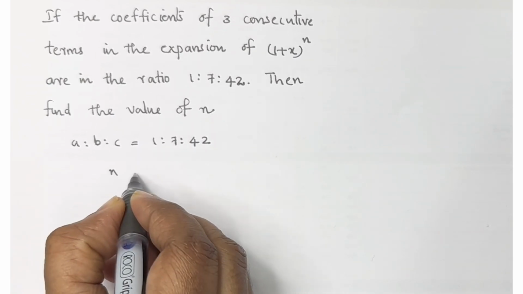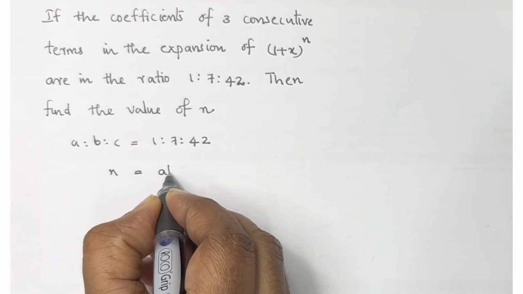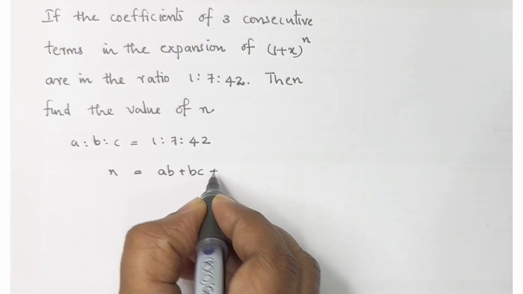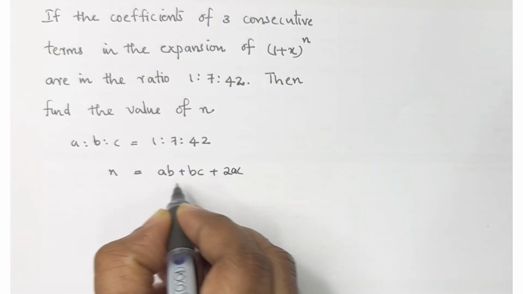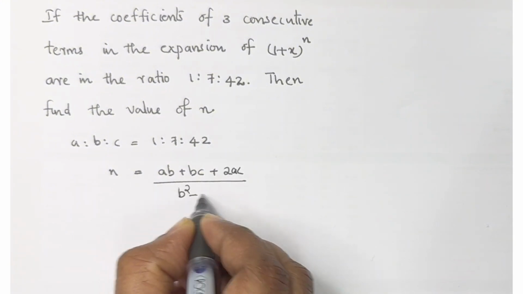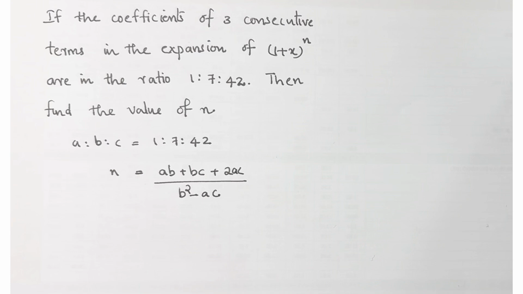n can be calculated using the formula n = (ab + bc + 2ac) / (b² - ac). Substitute the values of a, b and c here.